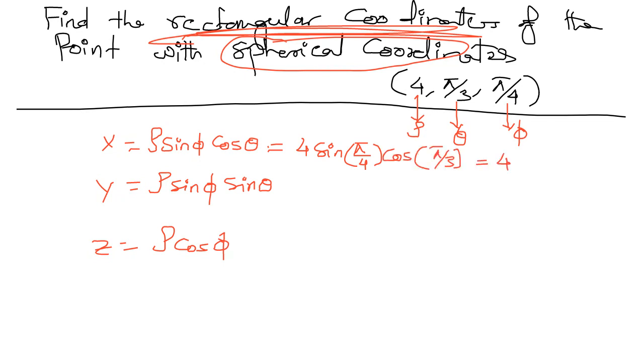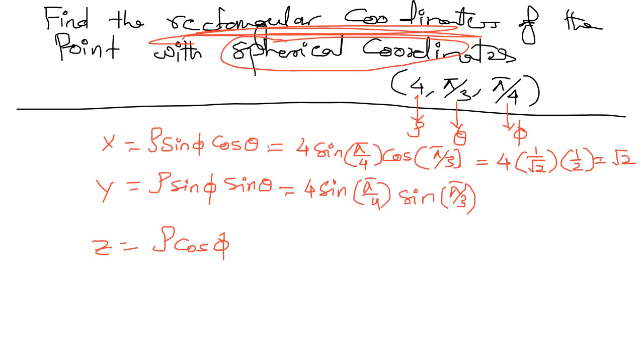Simplify. 4 sine pi by 4, where sine pi by 4 is 1 divided by square root of 2, and cosine pi by 3 is 1 divided by 2. Simplifying by calculator, you will get square root of 2. Similarly, y is 4 sine pi by 4 sine pi by 3, which is 4 times 1 over square root of 2 times square root of 3 over 2, so you will get square root of 6.